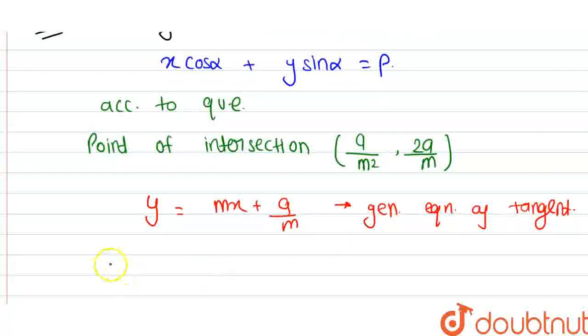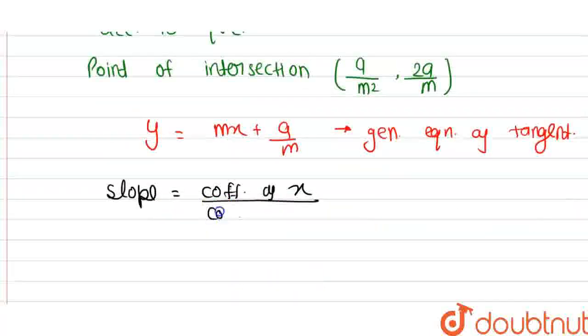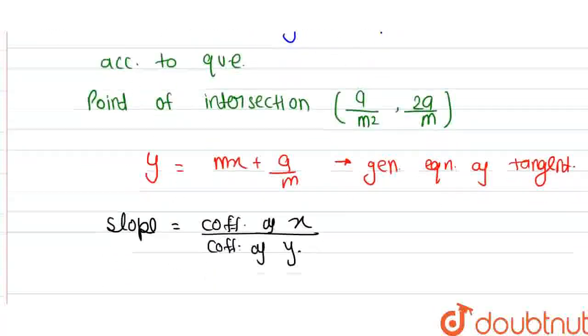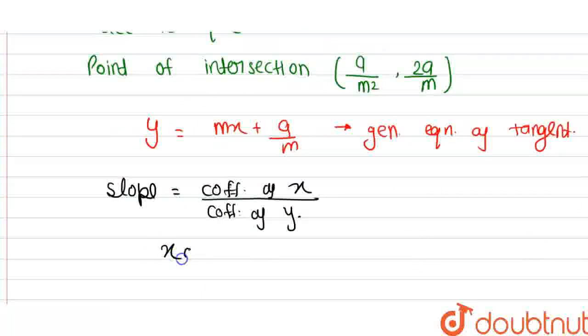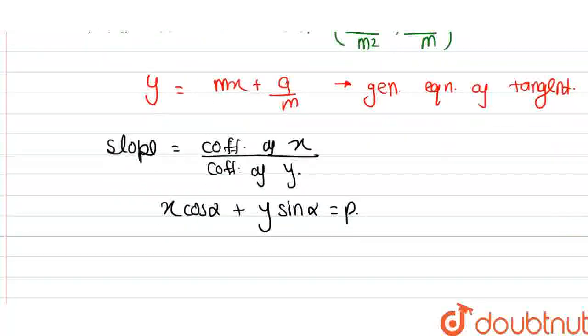Now as you know, the slope of an equation is equal to the coefficient of x divided by the coefficient of y. Now we calculate the slope for our given equation of line, that is x cos alpha plus y sin alpha is equal to p. Now rearrange this equation. We can write y sin alpha is equal to p minus x cos alpha.